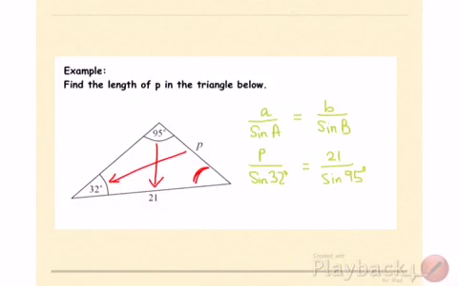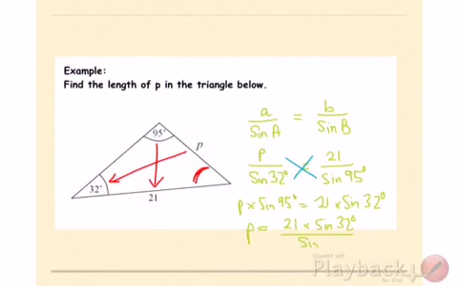Back to my pen, I'm going to cross multiply. I get my P times my sine 95 degrees is equal to 21 times my sine of 32 degrees, and P is equal to 21 times the sine of 32 degrees, and because I was multiplying by sine 95, I'm now going to bring it over and divide by sine of 95.